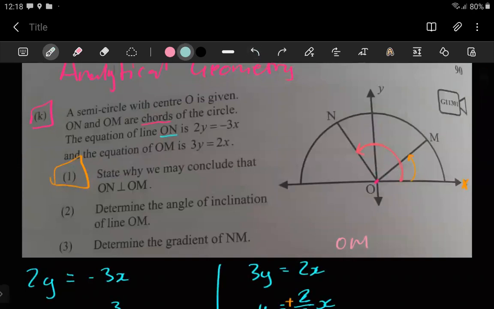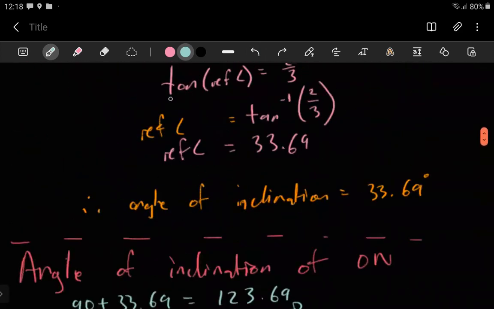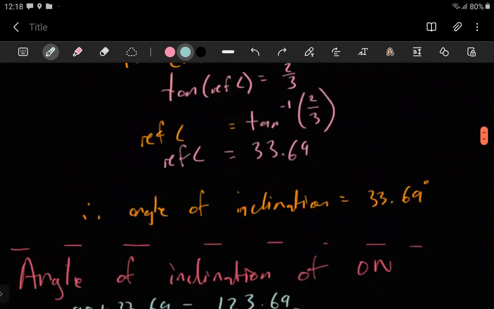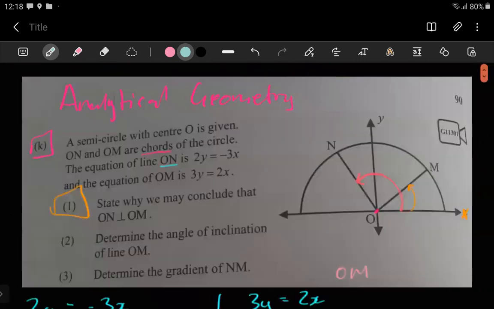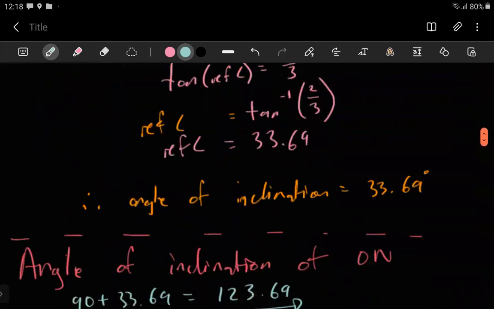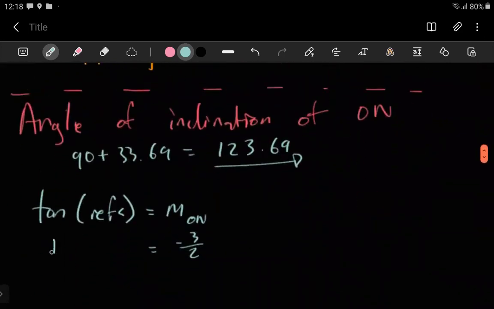To get our angle of inclination, we would do exactly what we wrote up here. Tan of the reference angle is equal to the gradient of ON, and we know the gradient of ON is -3/2, as we can see here. So here we would have tan reference angle.